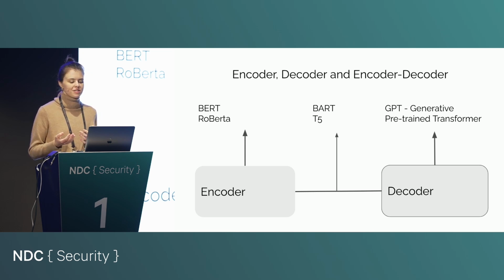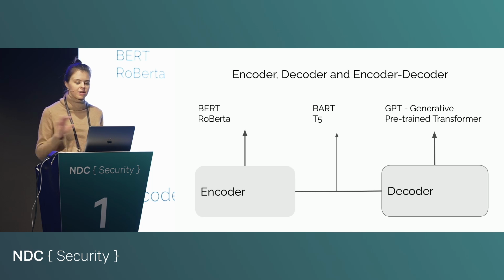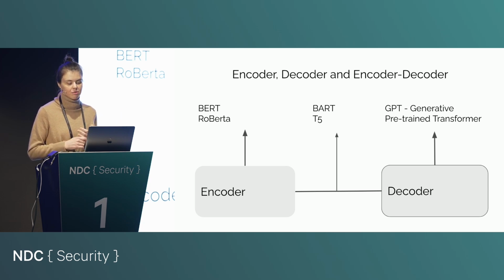The other family, and probably the more famous one, is the family of decoder-only models. So these are the models that led to ChatGPT, and these are the models where you give it a prompt, and then it just continues generating the most likely sequence of text that would come after that prompt. So that's basically what GPT is. It stands for Generative Pre-trained Transformer, and that's the basis of most state-of-the-art text generation models today.